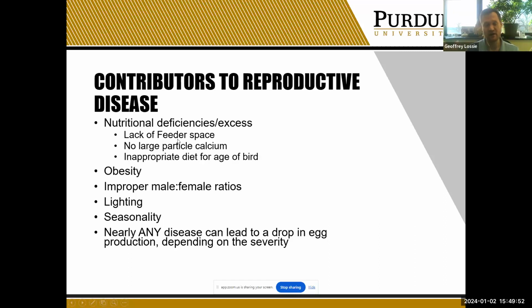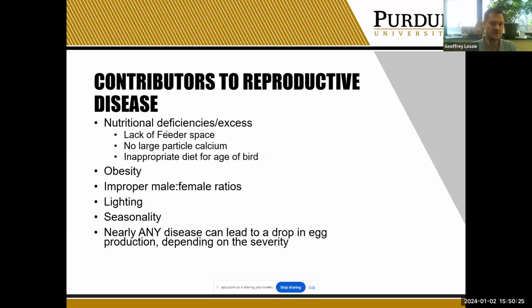You might have a 55-gallon drum of feed that technically has the appropriate amount of pounds of feed to feed, let's say, 200 chickens. What that doesn't take into consideration is the feeder space. Remember, birds in a flock are competitive, and there's the pecking order, and birds that are highest in the pecking order tend to dominate the feeders.